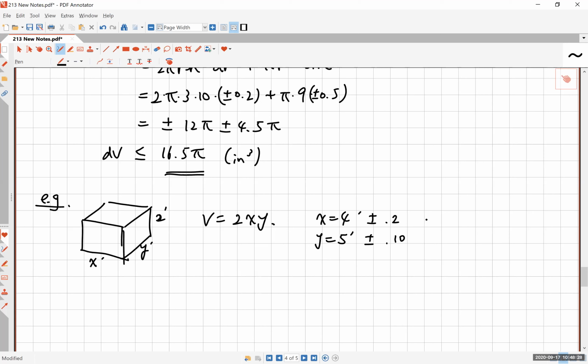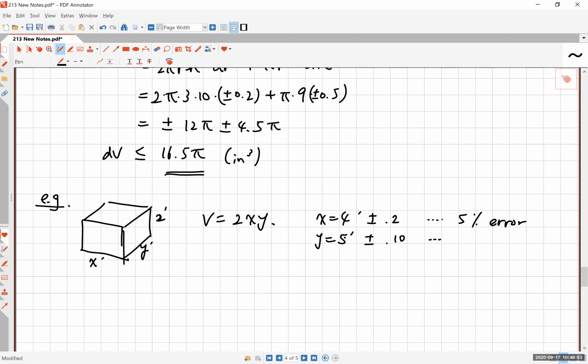Now notice here, 0.2 is actually 5% of my X value, which is supposed to be 4. So this is a 5% error in the variable X, the length. What I'm saying is we measure the length as 4 feet, but we could be off by 5%.